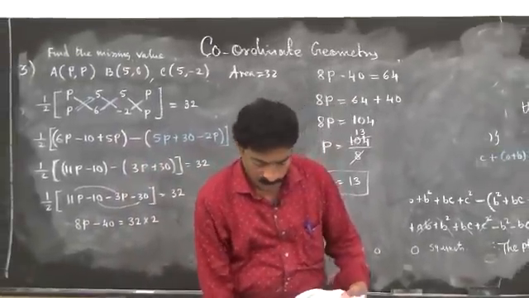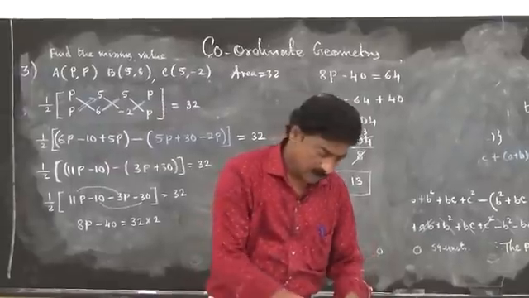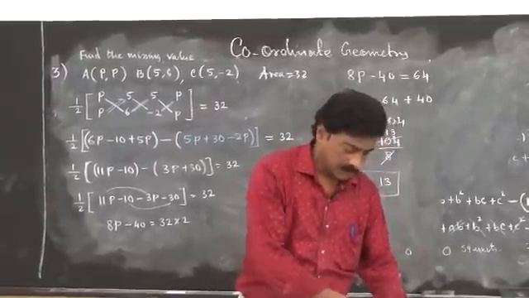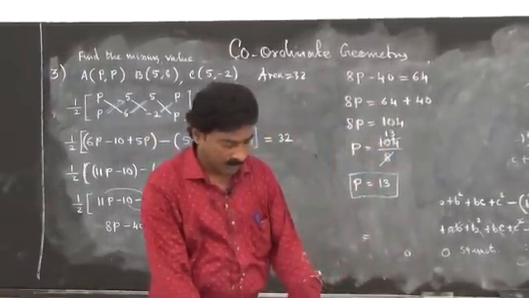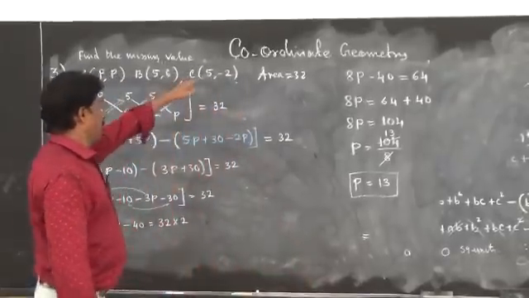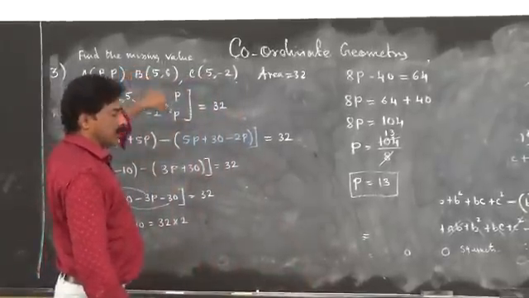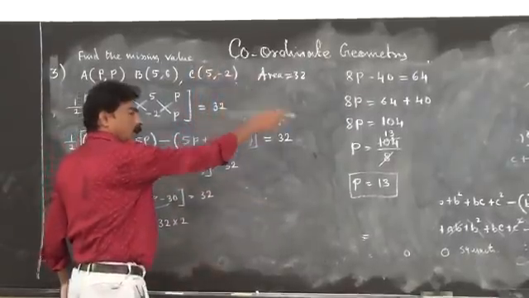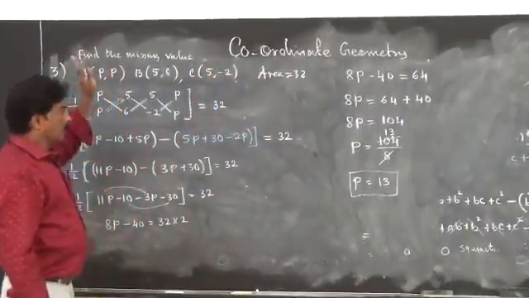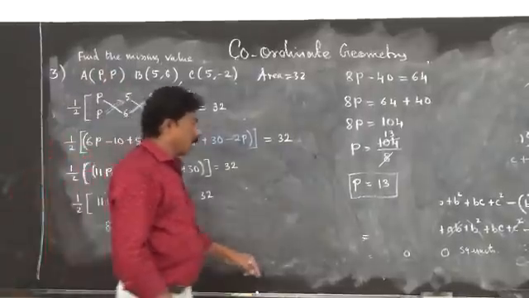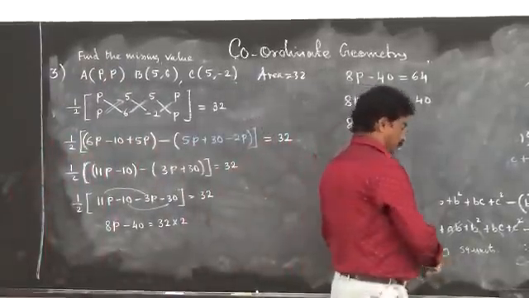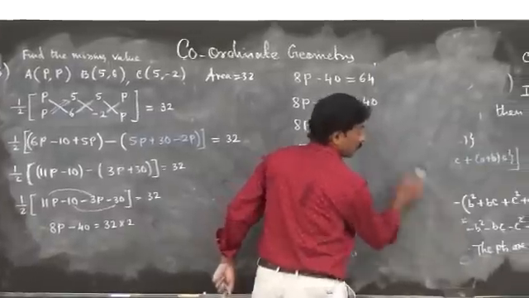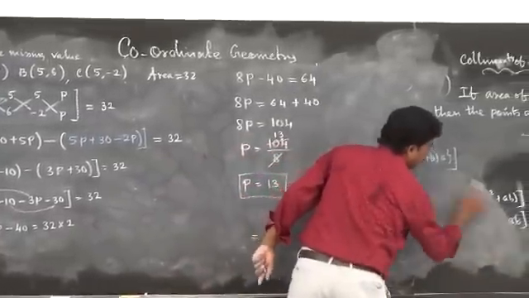So the first one, we found the area of a triangle. Second, we checked whether the 3 points are collinear or not. Third, when the area and the 3 vertices are given, we found the missing value. Now the fourth one: the 3 vertices are given to be collinear. There also you have to find the missing term. What is given? The points are collinear.